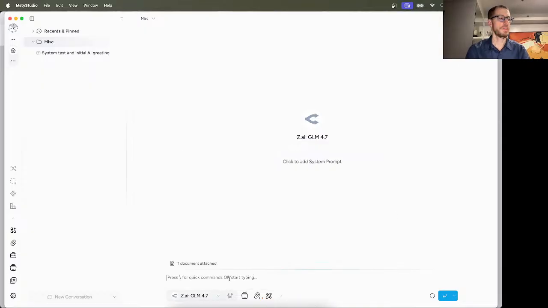Attach the PDF to a conversation with GLM 4.7 and prompt the AI: Analyze the attached draft, which I am preparing for submission. Give me suggestions on ways to improve it.